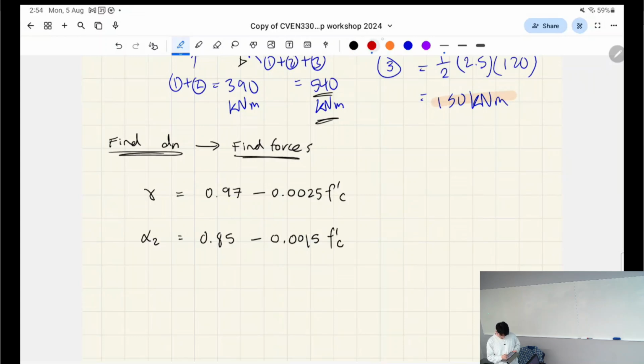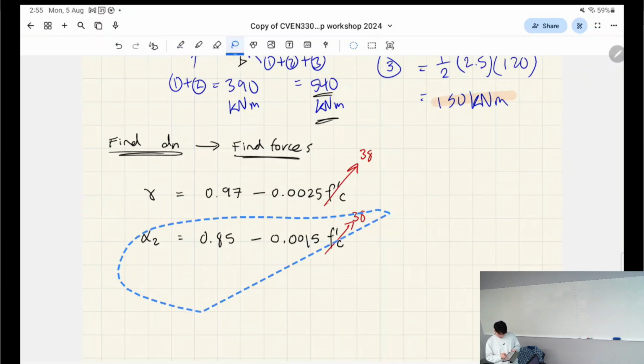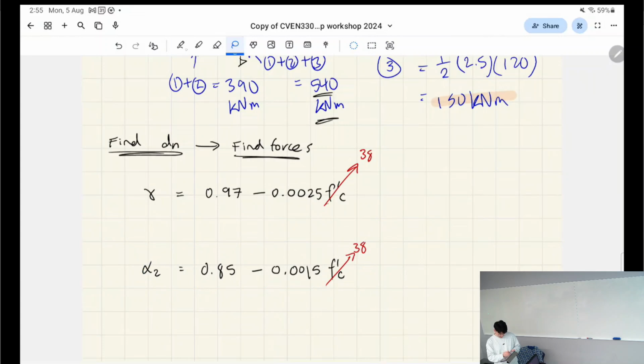FC, right? We're given in the question that FC is 38 MPa, right? So that's actually on the higher side. So you won't see this number very often, but if you do a lot of these flexure questions, you're going to start seeing common numbers pop up for gamma and alpha 2. You know, for when you have like 32 MPa, 25 MPa, these numbers are quite common.